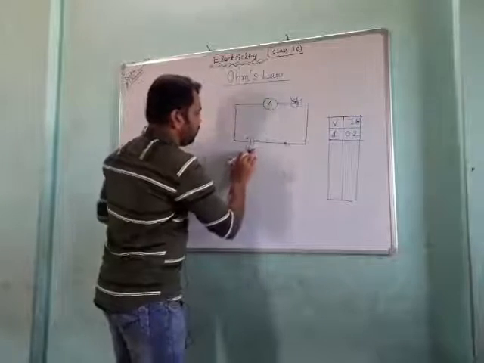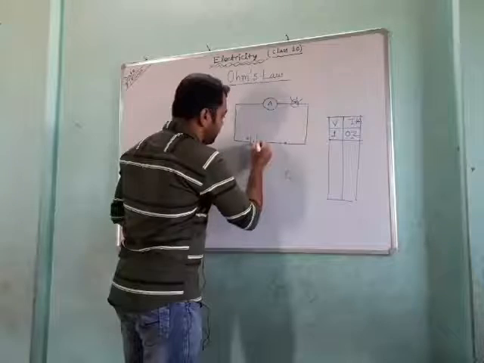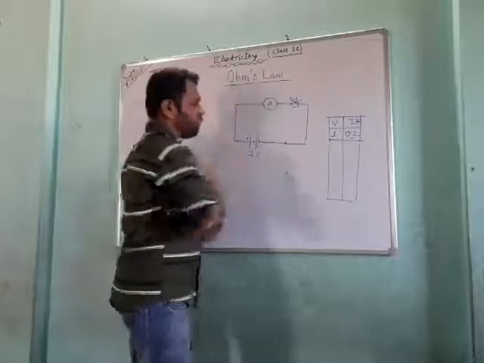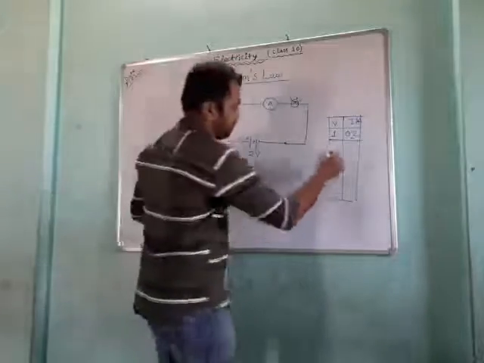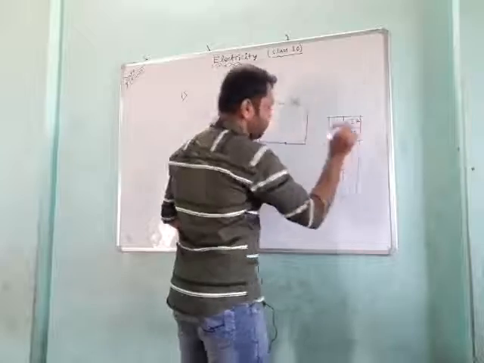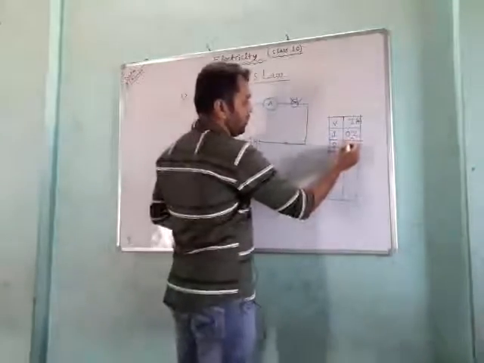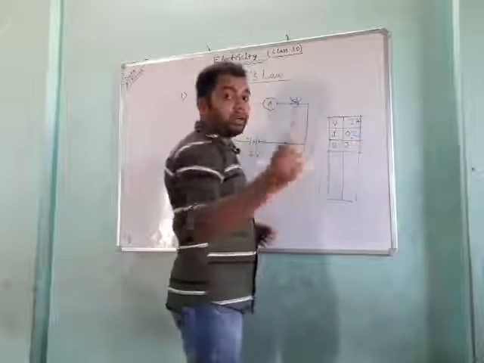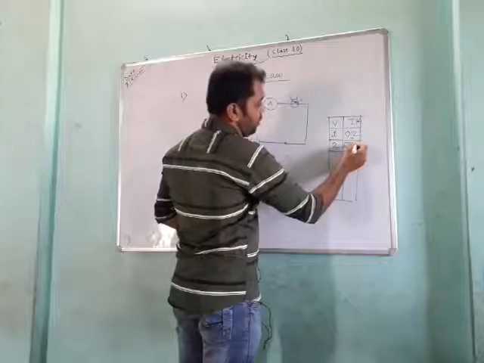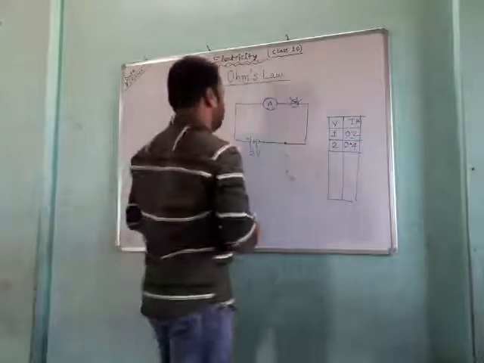What if we double the value of potential difference? Suppose now we have applied 2 batteries, then it will be 2 volt potential difference. So we will write 2, and the current will also be double. It will be 0.4 ampere.